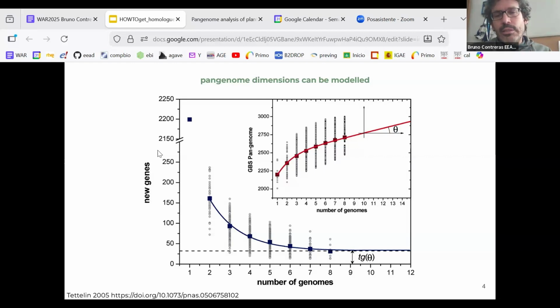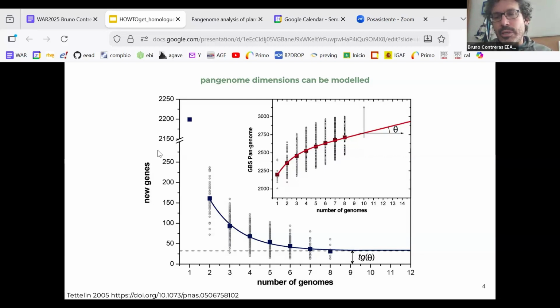The one below, as you can see, shows the number of genes added by a new strain that you analyze of your species of interest. Every new strain you add to the pool, the number of new genes gets reduced. Okay, and that's because there is a convergence.